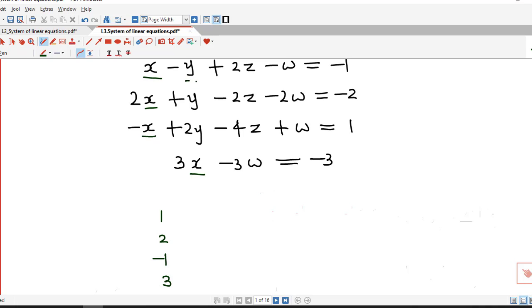Then second column corresponds to coefficients of y. So here -1, 1, 2, and there is no y in last equation. That means coefficient of y is 0. Third column for coefficients of z. So here 2, -2, -4, -3.